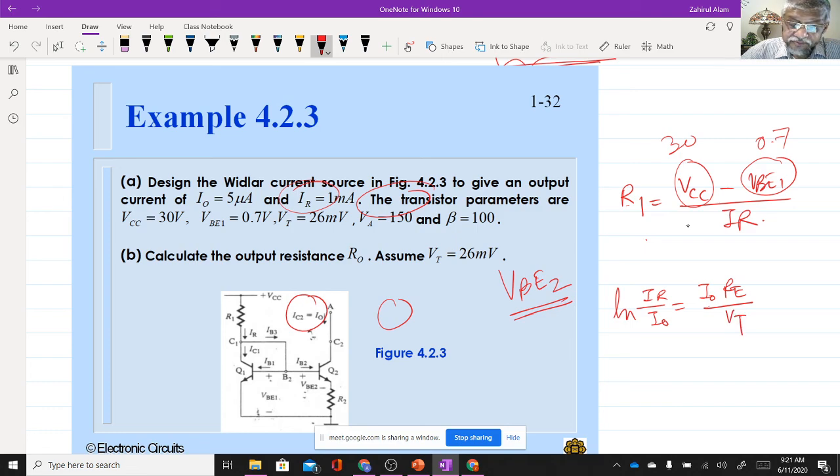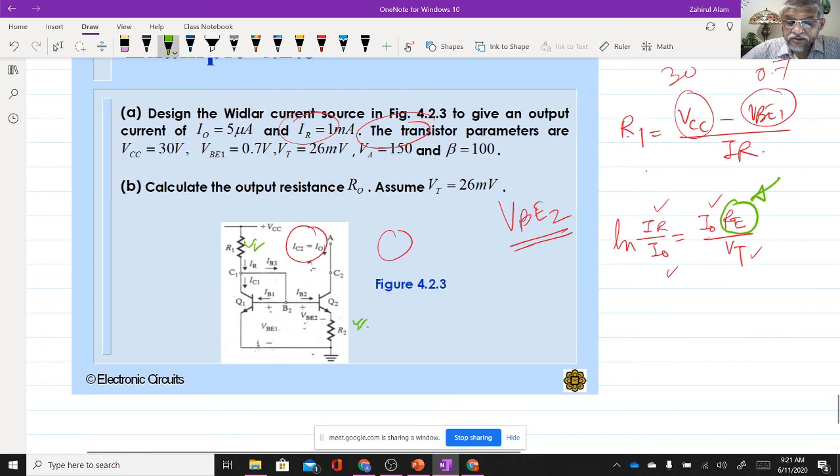But again, we don't know the value of RE, because design means we need to find R1 and this is R2, so RE.